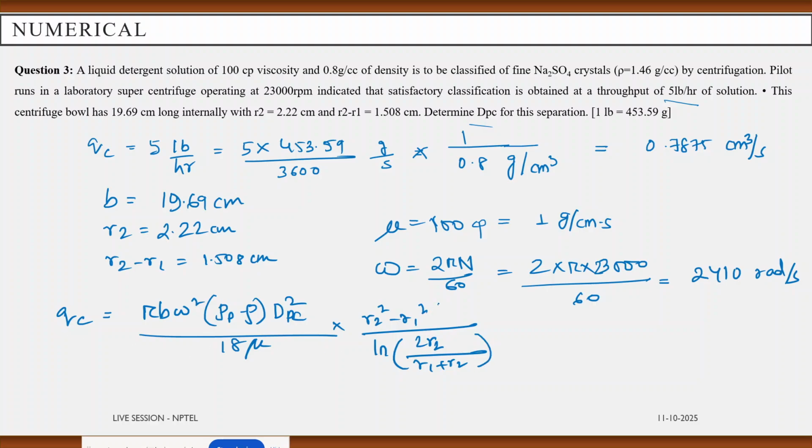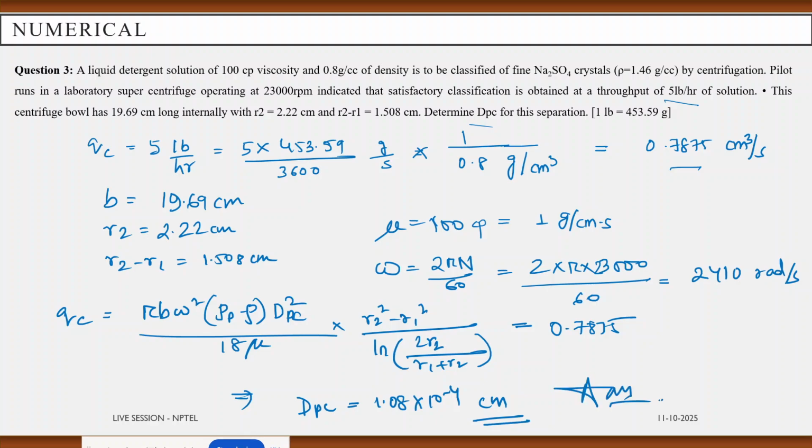So this one is given as this value. By solving this, you will get dpc as some value in centimeter. So this is also straightforward.